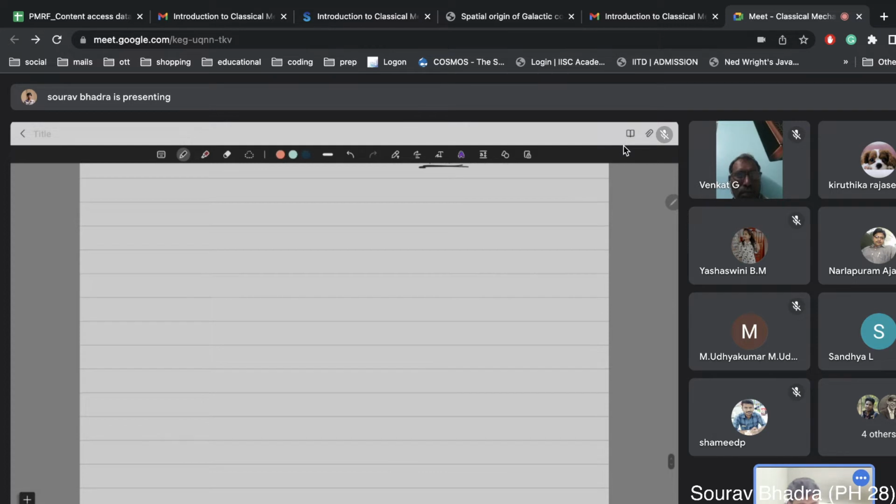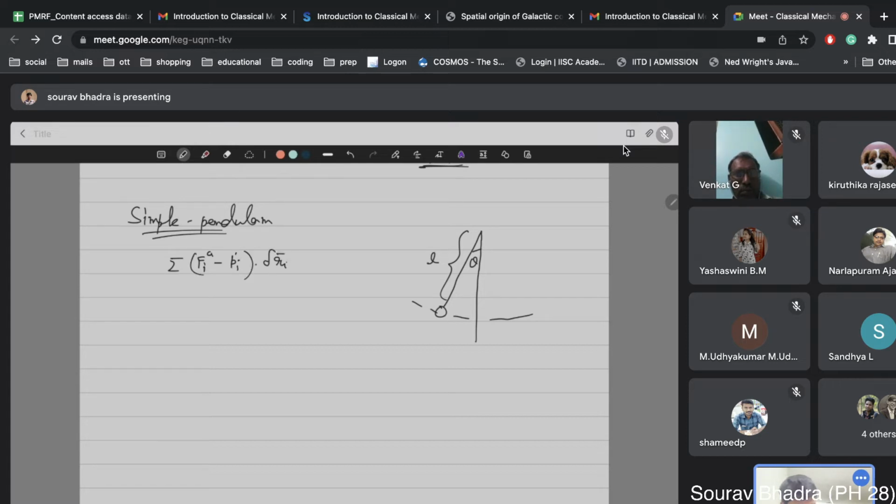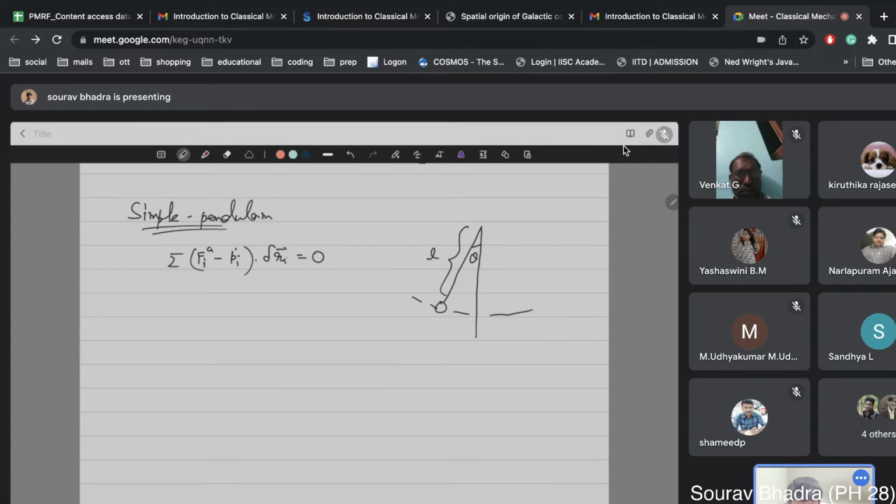Now we will do another example, a simple pendulum. It is a pendulum with angle theta, and this length is L. Now the same thing: F_i applied minus P_i dot delta R_i equals 0.